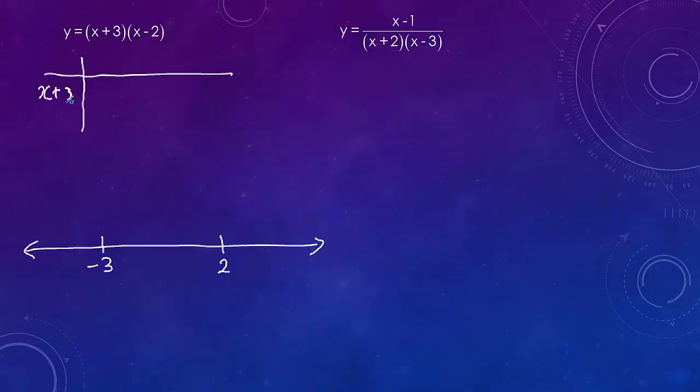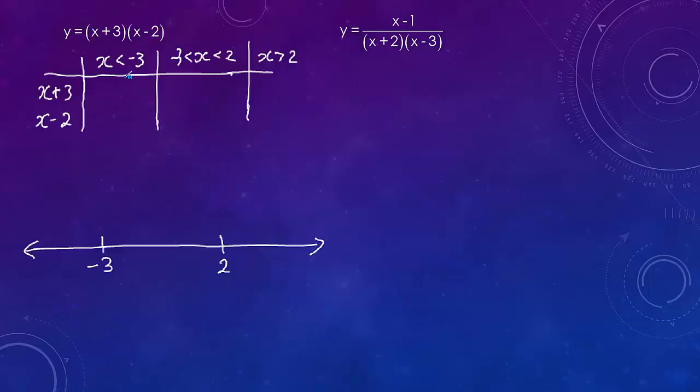So I've got the functions x plus 3 and x minus 2. Now, this one had a 0 at negative 3, so we'll look at what happens for x less than negative 3. This one has a 0 at 2, so let's look at what happens between negative 3 and 2, and what happens if x is more than 2.